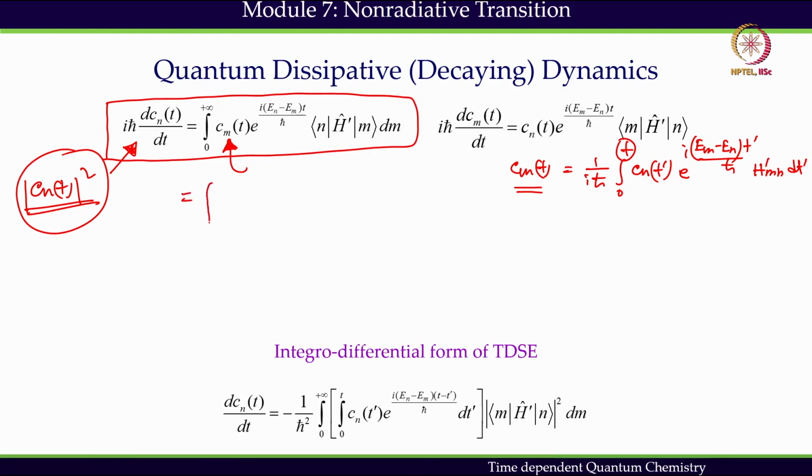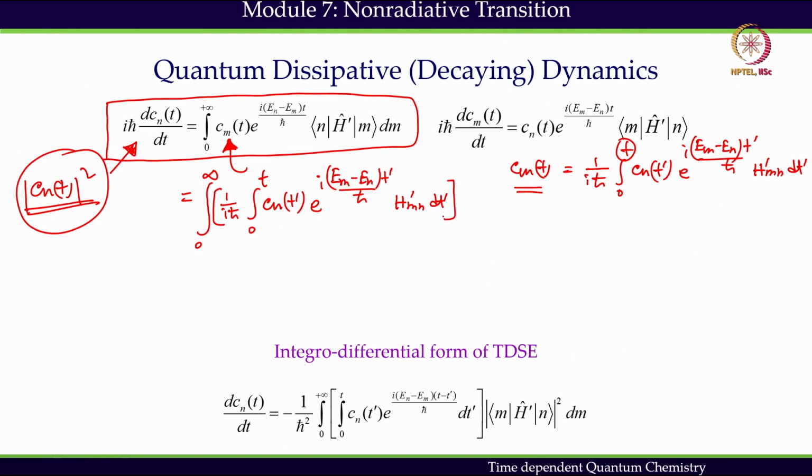If I insert it, then what I get is a sum from 0 to infinity, 1 by i h cut, integral 0 to t, Cn(t dash) e to the power i (Em minus En)t dash divided by h cut, then Hmn, dt dash.